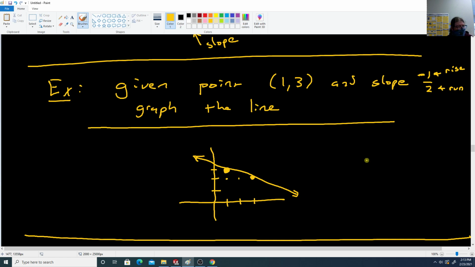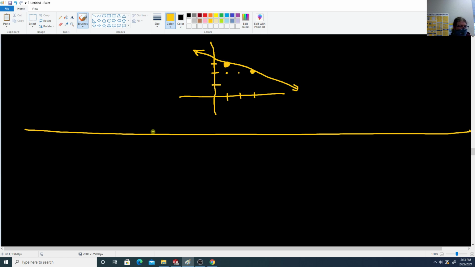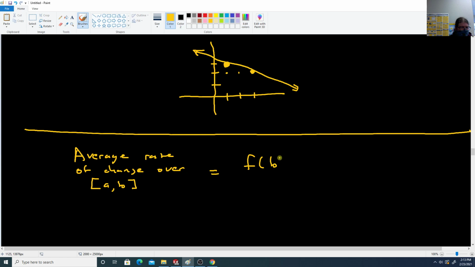And then the final thing we're going to look at here for today is average rate of change. So we have average rate of change over the interval a up to b. This will equal f of b minus f of a, all that over b minus a.